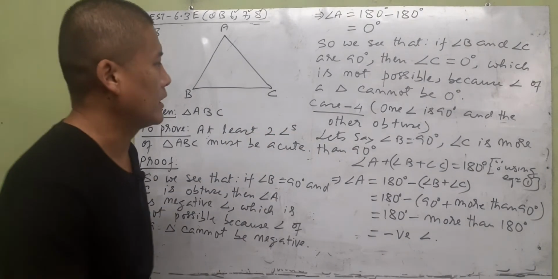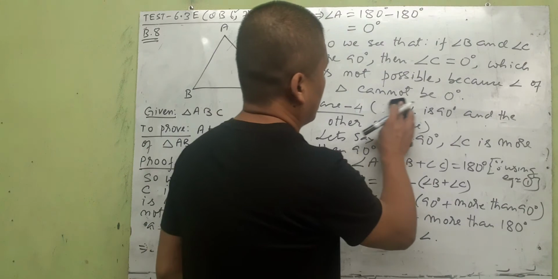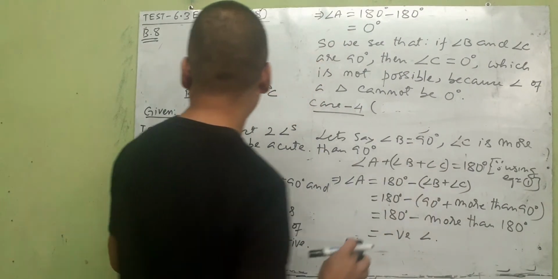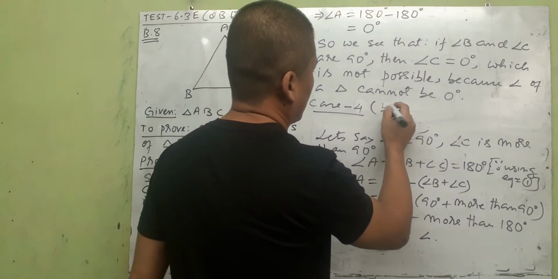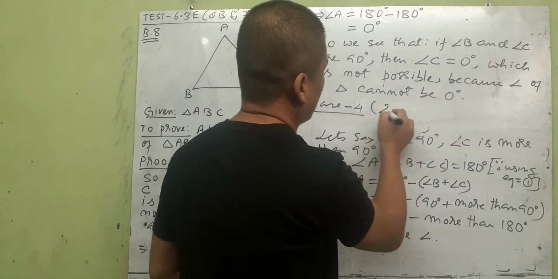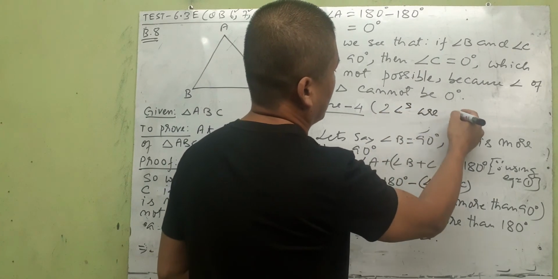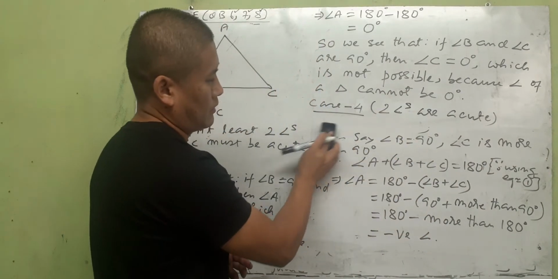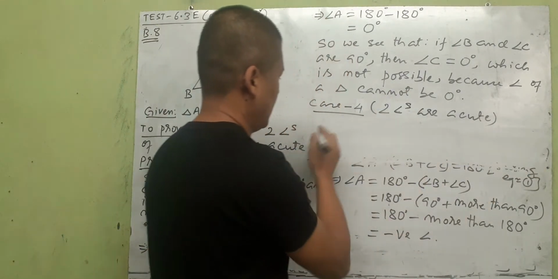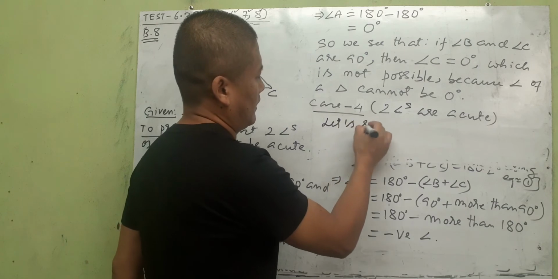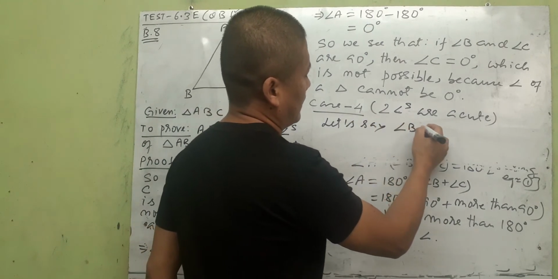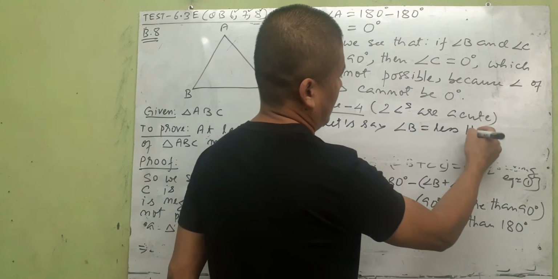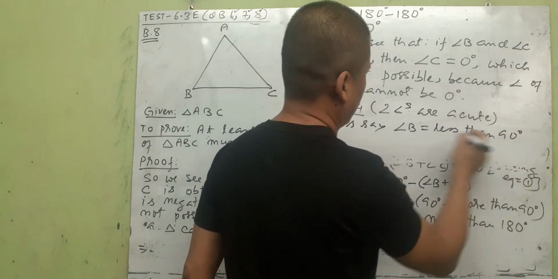So let us just try case 4, where according to this condition, two angles are acute. Acute means less than 90. So let's say angle B is less than 90 degree.